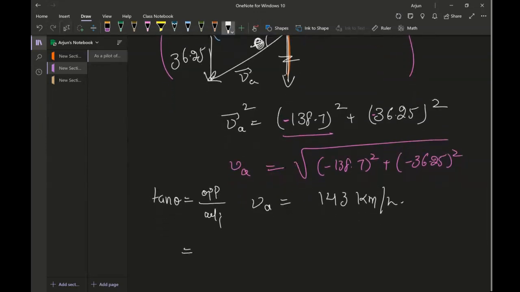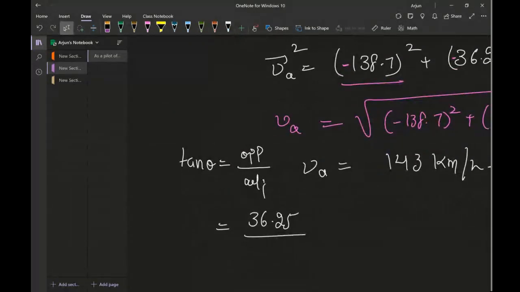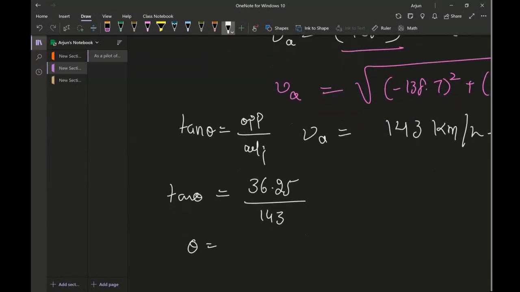In this case, opposite is 36.25. Again, if you want to use the negatives, you can. If you don't want to use the negatives, it's up to you. Answer's not going to change because I've drawn it on the navigation system. Tangent theta is 36.25 divided by 143, and the angle will come out to be approximately 15 degrees.